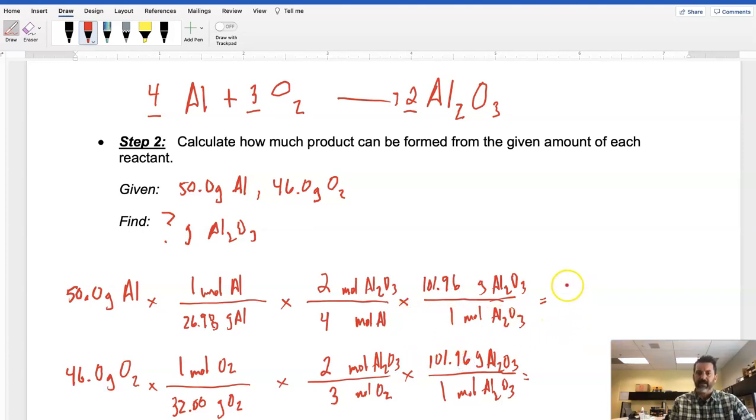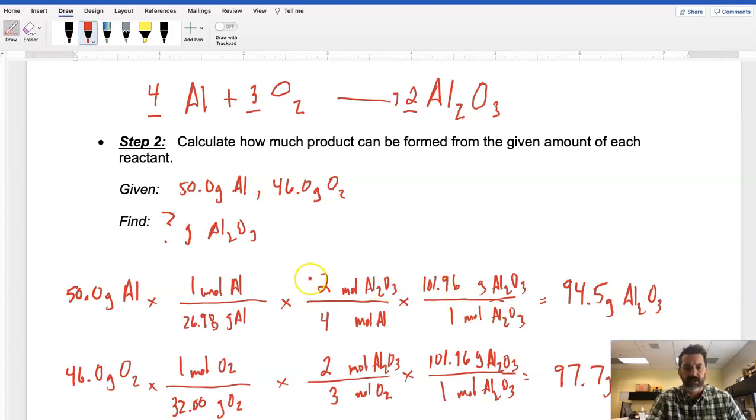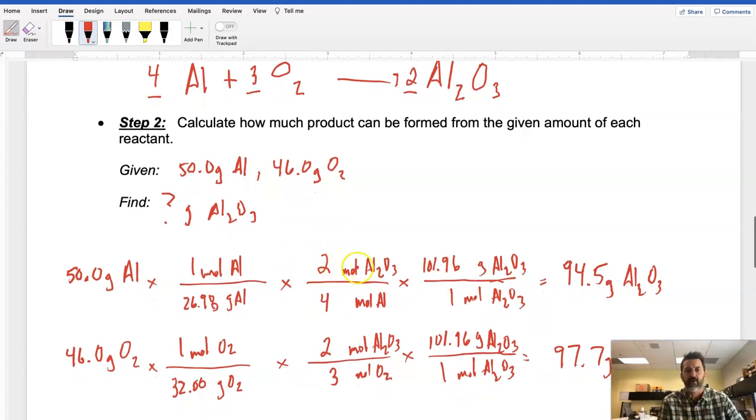Okay, now this comes out to be 94.5 grams of aluminum oxide. And this one comes out to be 97.7 grams of aluminum oxide. So just like we did before, we're going to look at which one produces the smaller product. And it turns out that this is the smaller of the 2 products.